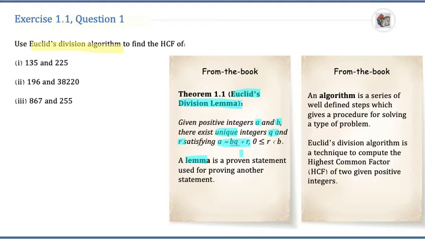Now, right now, this might be looking very complicated because you have four unknowns in this. You don't know a, you don't know b, you don't know q, you don't know r as well. But this is something you've been doing for years and years now. This is just your long division process.